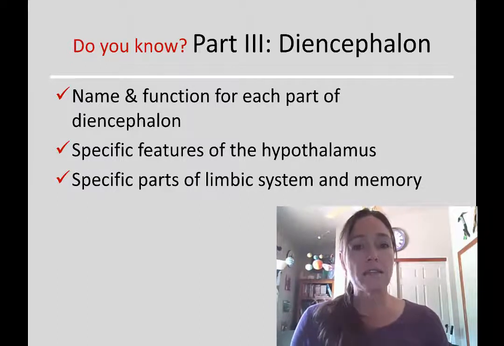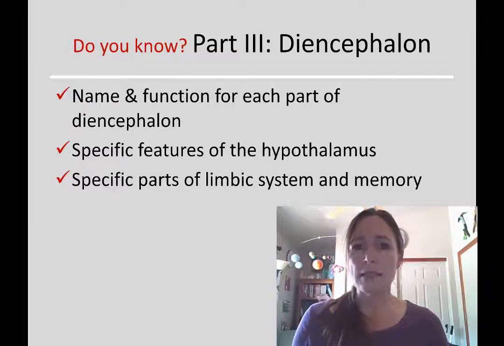Then the specific features of the hypothalamus: we have the infundibulum, which connects it directly with the pituitary gland. We also have within this region the mammillary bodies, which are associated with smell, and I think in the notes we have smell and some emotions, which is part of our limbic system.